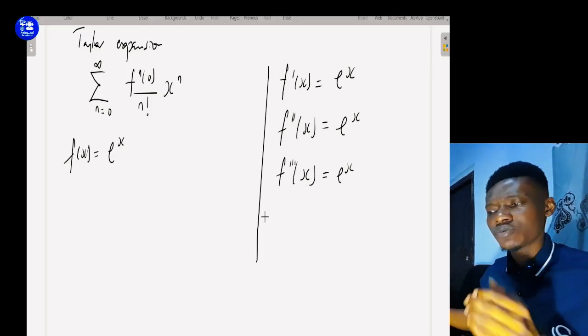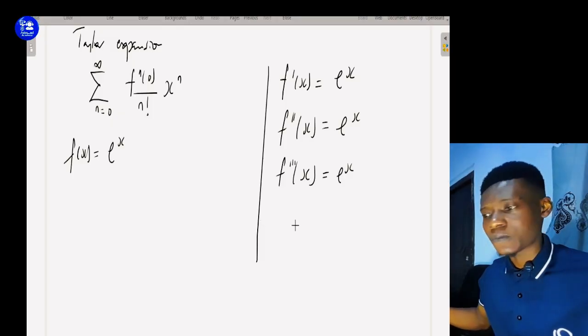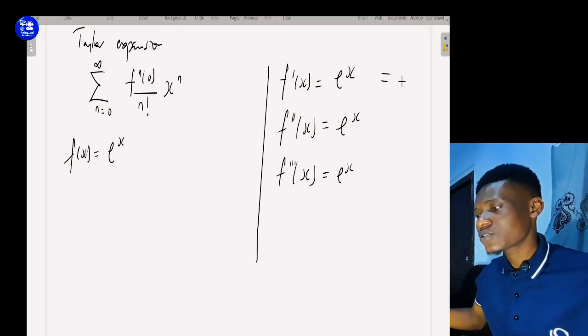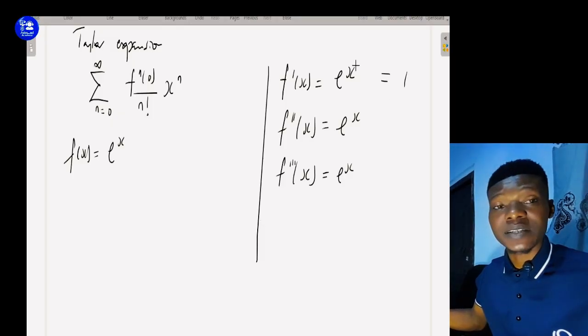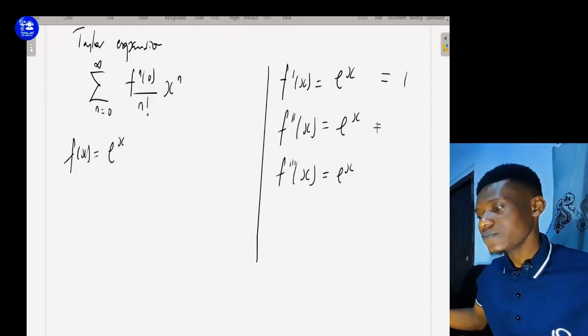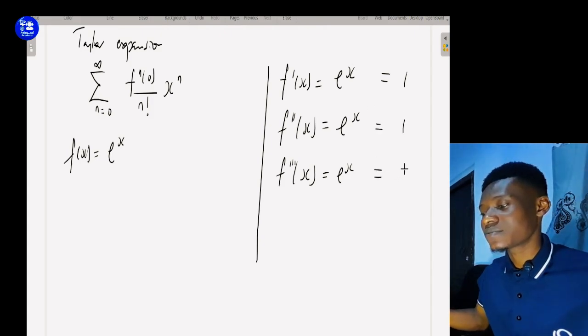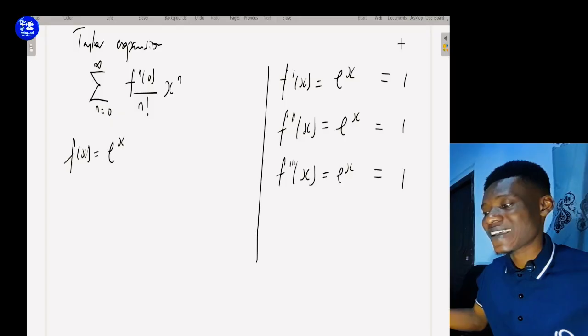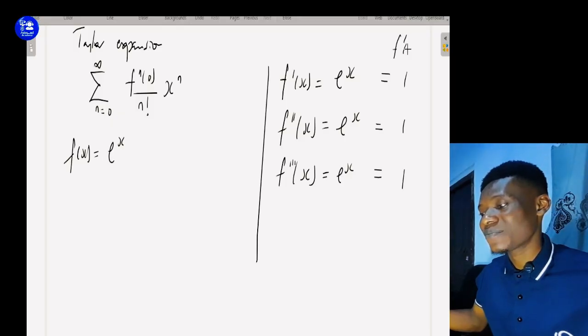Then when you slot in x to be 0, the first function gives you 1 because anything raised to power 0 is 1. So now this also gives you 1 and this also gives you 1. That is, f prime of 0 is equal to 1. The same thing for this. When this is 0, this gives you 1. When this is 0, this gives you 1.